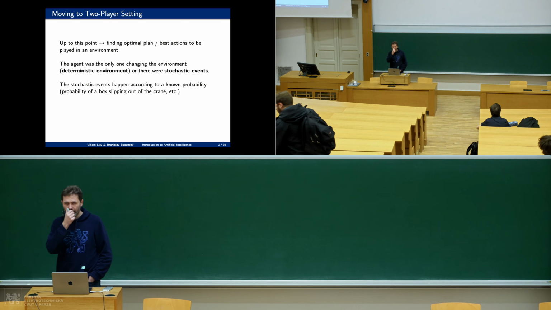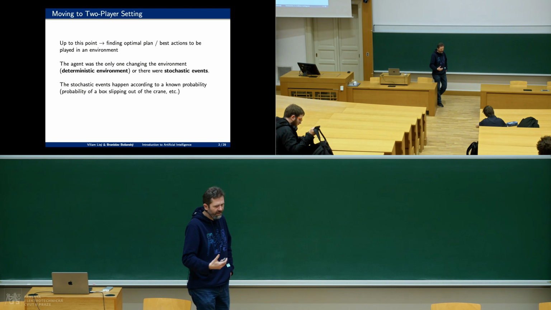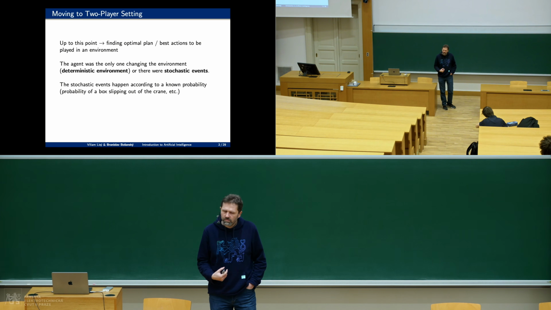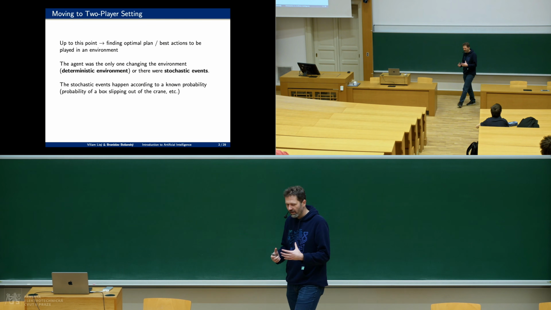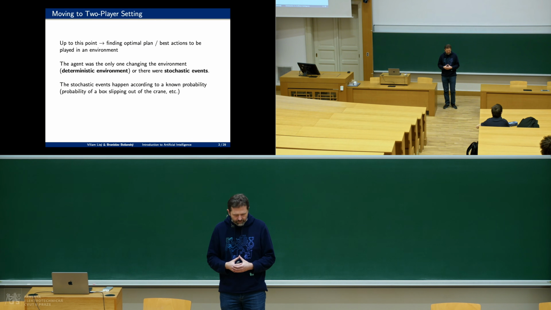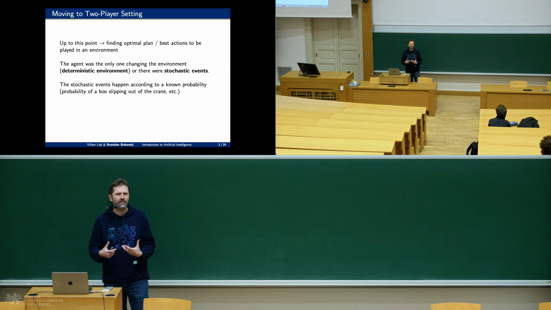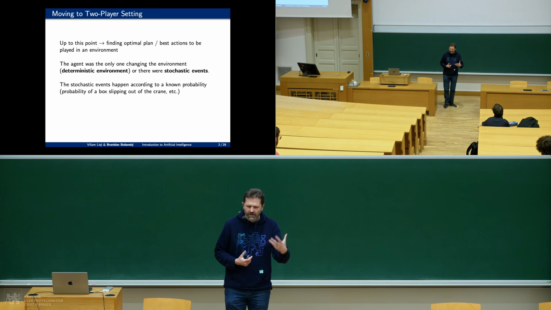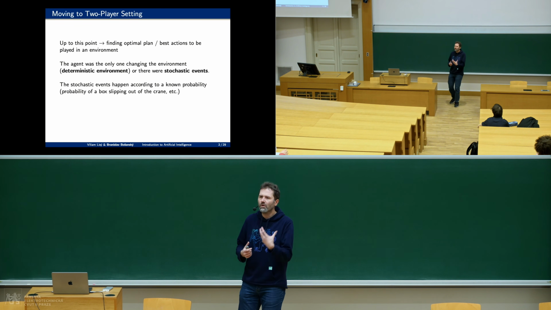What is important to know is that with stochastic events, if we have an agent in a non-deterministic environment, we assume that we know the probability of the outcomes of these stochastic events. So if I want to model some problem as a non-deterministic problem, I assume that I know the probability, for example, that my action will fail. And if you recall our very first lectures, we assumed that we know the environment, right?